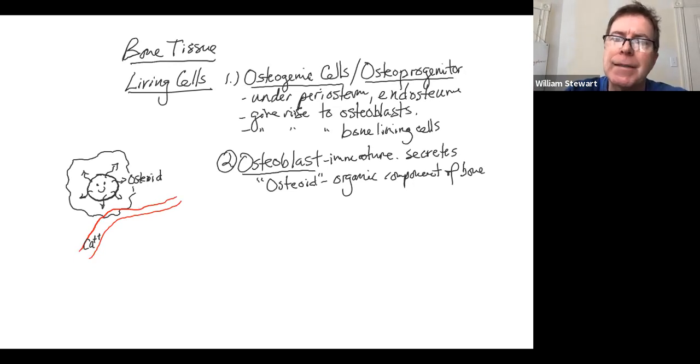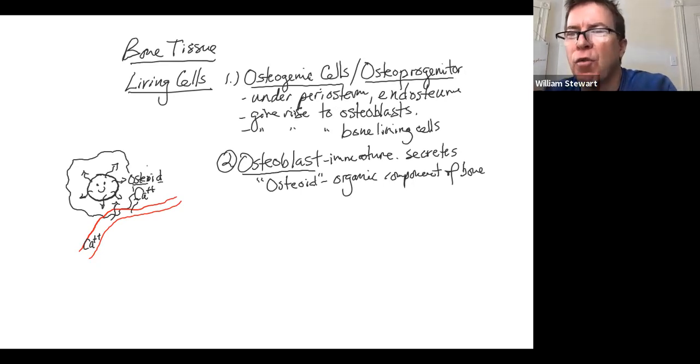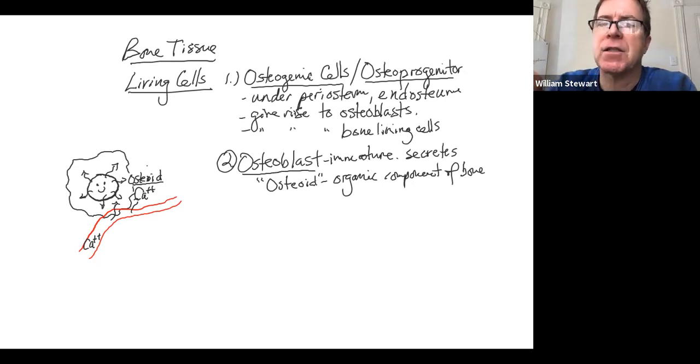Blood deposits calcium in the area of the osteoid. And this osteoid then sort of grabs the calcium mineral and calcifies this stuff, hardens it. So the calcium acts like a hardener, like an epoxy hardener.